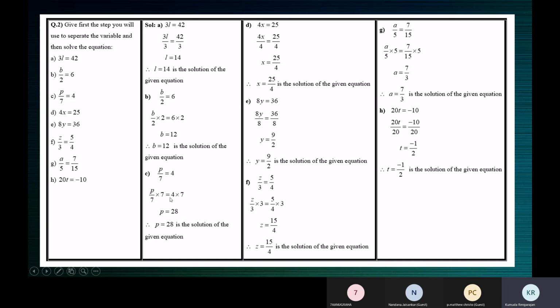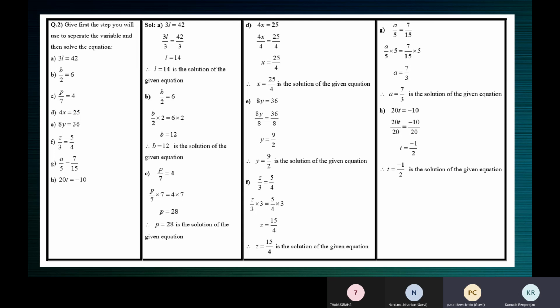Matthew, tell me the third one. Ma'am, 1 minute, ma'am. What is the variable in the equation? Ma'am, P, ma'am. Okay, in which term do you find P? In the term fraction. What is a fraction?